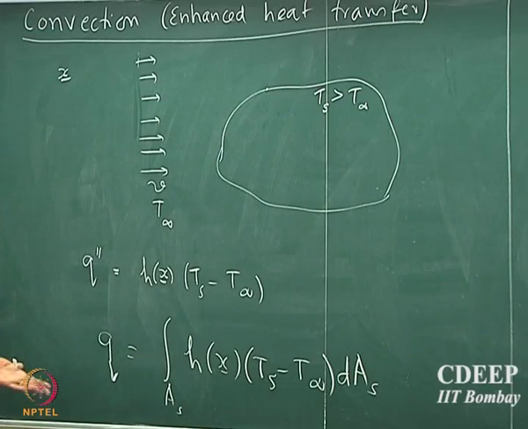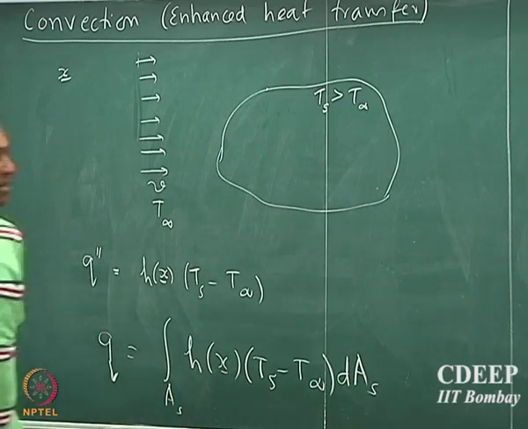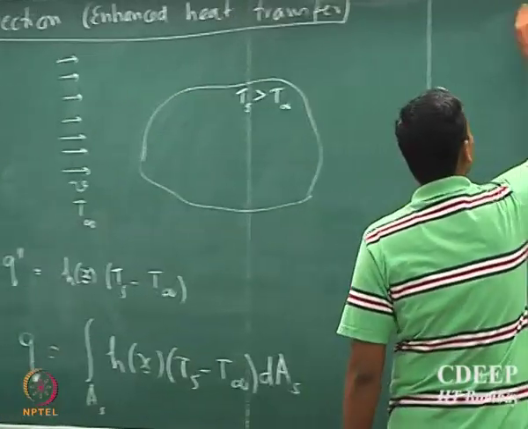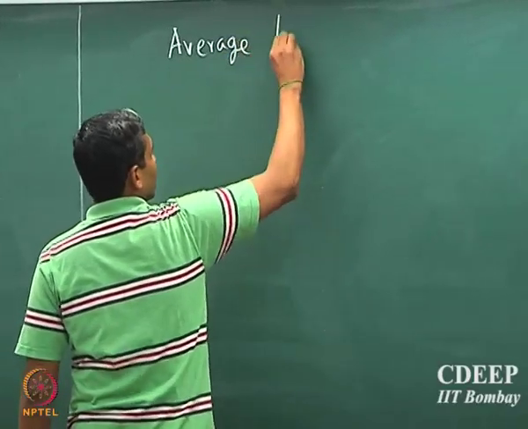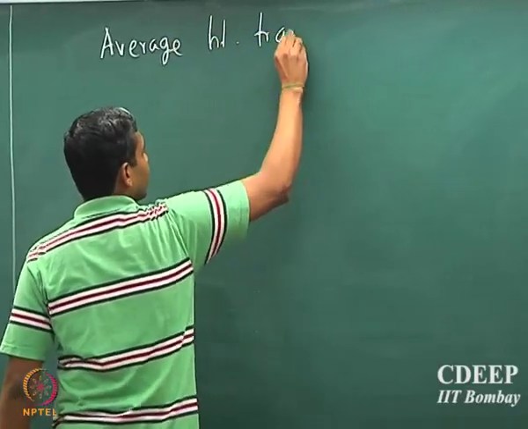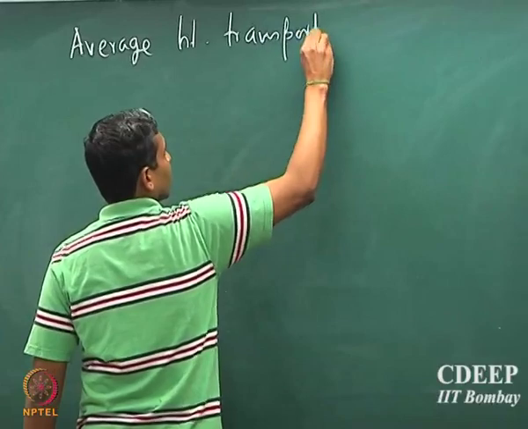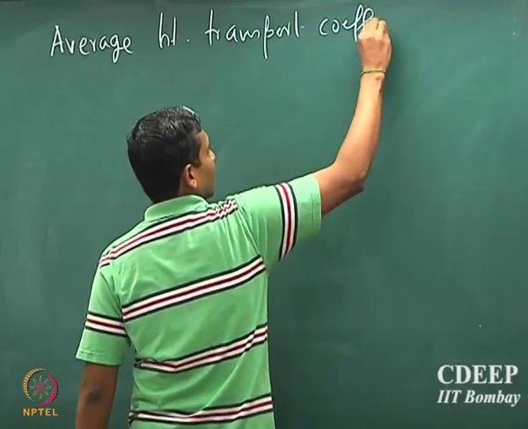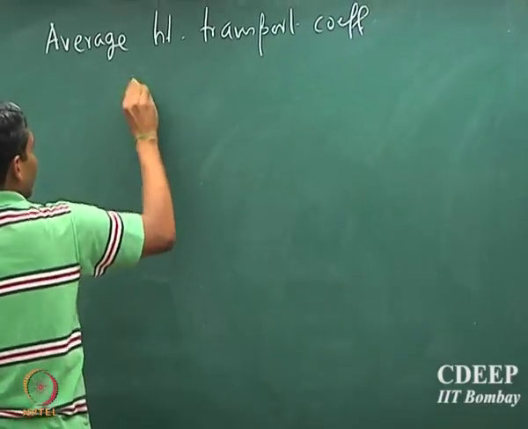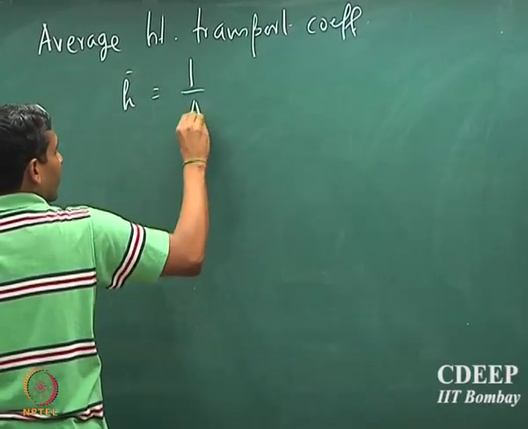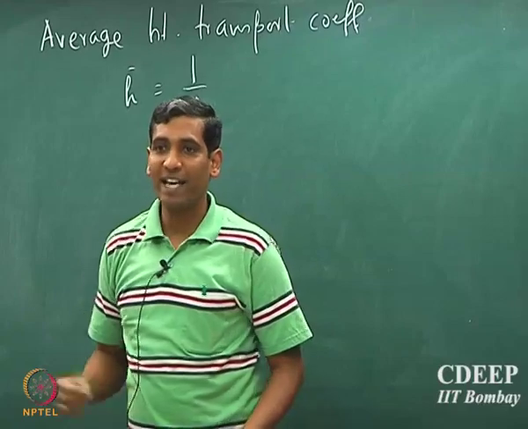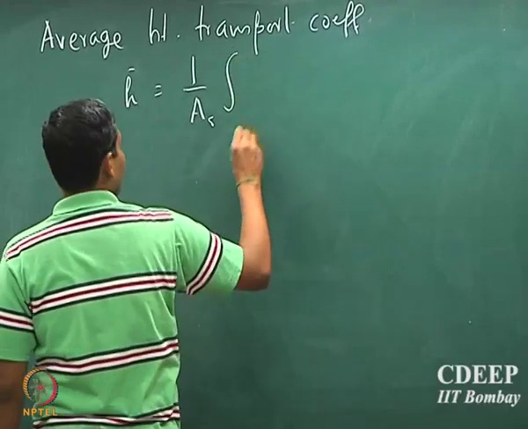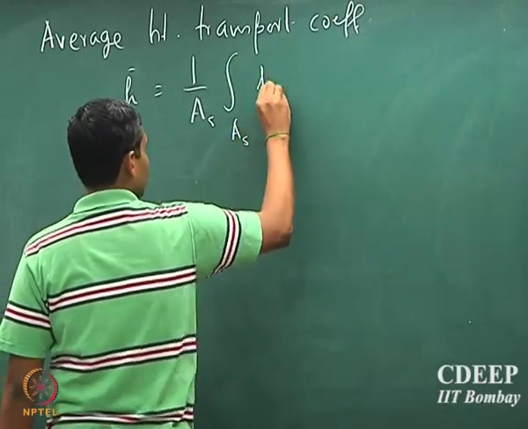So now if we introduce a definition, okay, so note that it's a definition, of the average heat transport coefficient, I introduce the definition of the average heat transport coefficient as 1 by As times the integral, so that's the area average of the local heat transport coefficient.